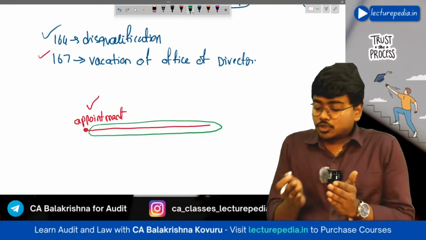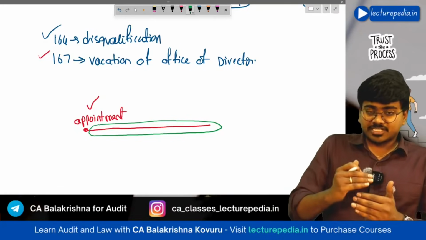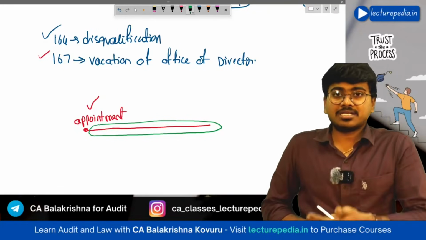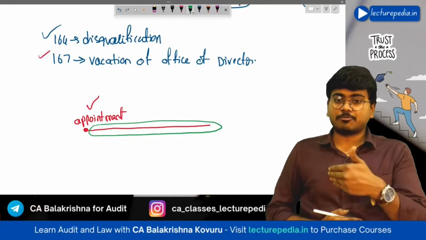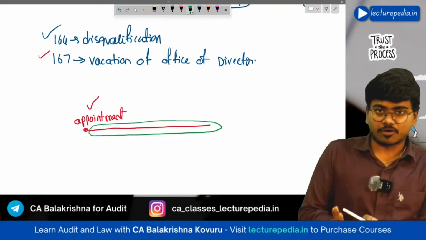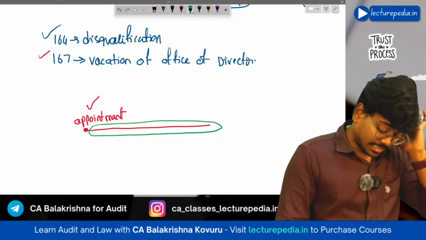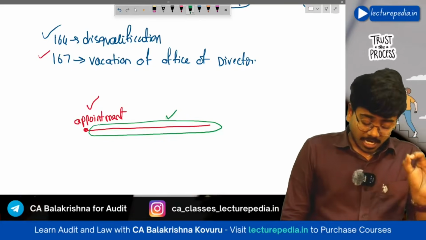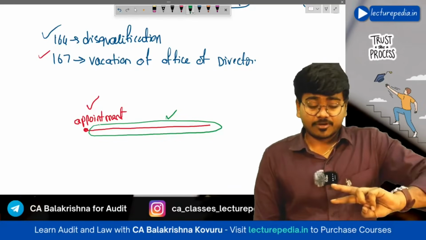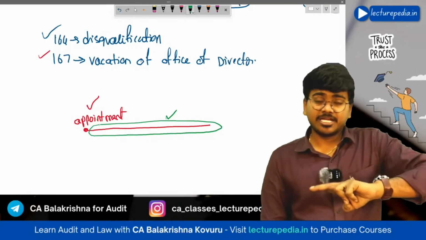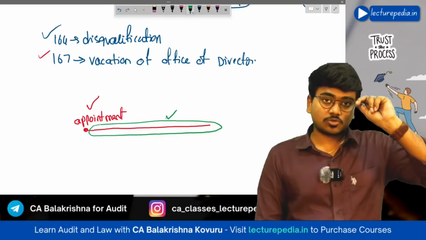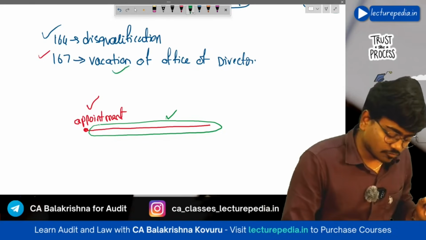See, in order to vacate the office, first of all he has to be appointed as director, right? Only if he is appointed as a director can he vacate the office. Without being appointed, how can he vacate? So here, after appointing, if the director gets hit by section 164 disqualifications, then also he has to vacate the office.